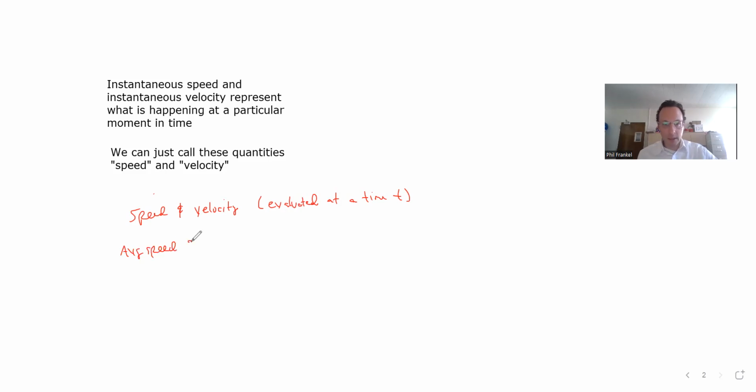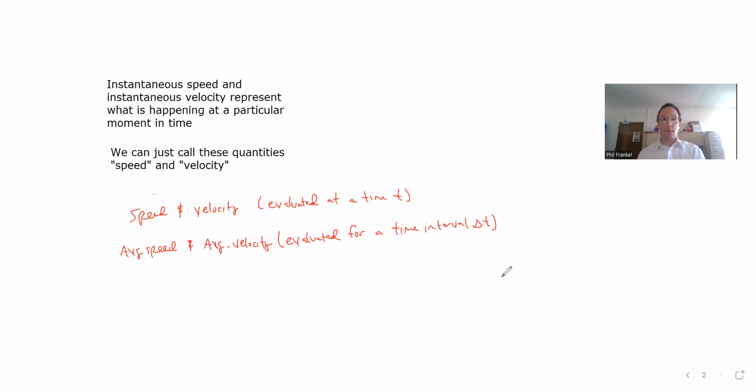Average speed and average velocity are evaluated for a time interval. So there's a difference between a time t, which is a particular moment, maybe like 3:04 p.m., that's a time t, versus a time interval, delta t.